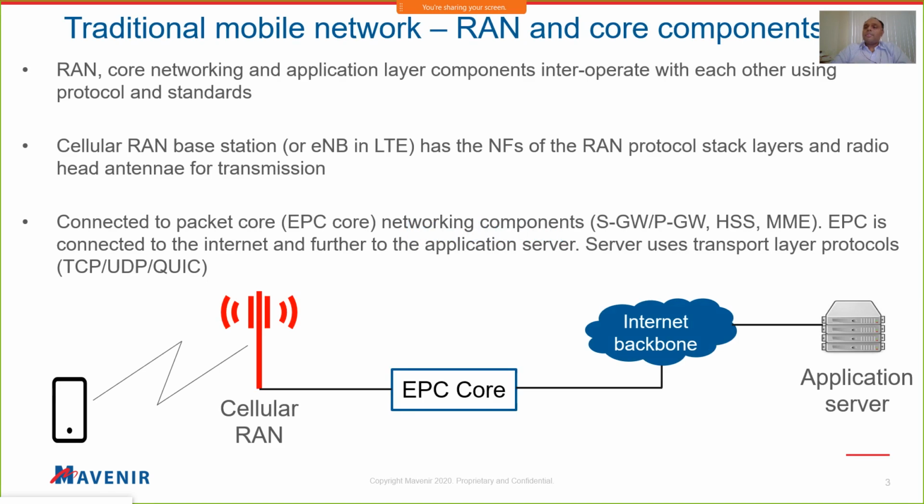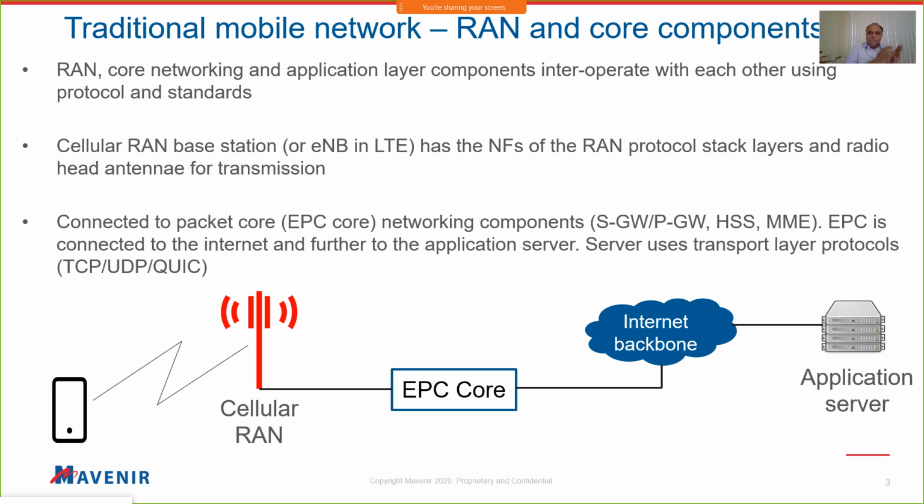We review the traditional mobile network architecture, with the cellular radio access network or the RAN, core networking components, and the application layer components interoperating with each other using protocols and standards. The cellular RAN base station, called the Evolved Node B in LTE, has the network functions for the layers of the RAN protocol stack and radio head antennae for transmission via radio frequency signals.